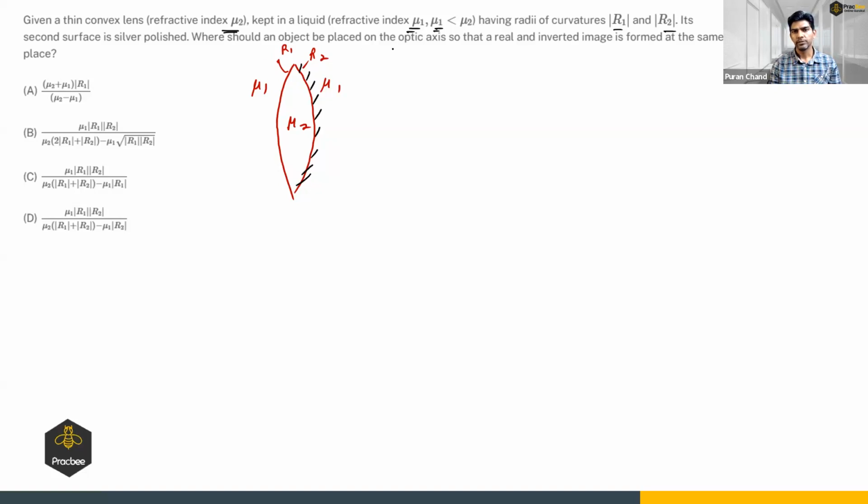Where should an object be placed on the optical axis so the real and inverted image is formed? So it means this combination will behave like a mirror. And if we place the object at the center of curvature, the image will be formed at the center of curvature. Is it clear? Okay.